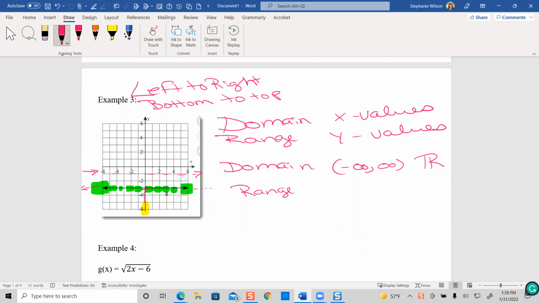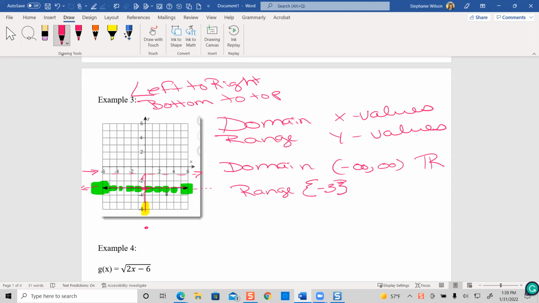I would put a bracket on it if it had a closed circle there. But in this case, it's a solid line. What does it tell me? I can't go any further up. It's actually just staying right there. So it's a brace, and it's going to be at -3. This tells me that this range is happening only at -3.